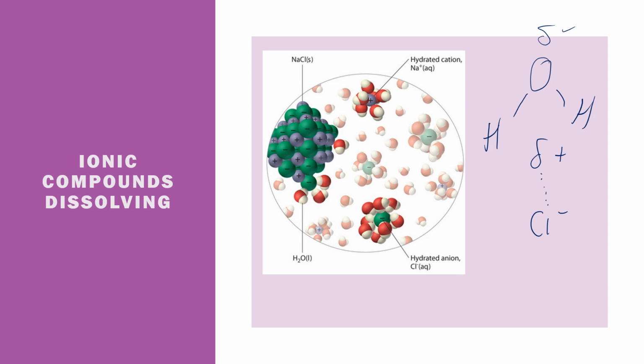The sodium ions could form attractions with the negative end of the water molecule, and that allows it to dissolve. So this is a nice image of sodium chloride dissolving and being surrounded by those water molecules, and you can see each of the ions is separated now, which allows it to conduct electricity as well because it has those separate ions.